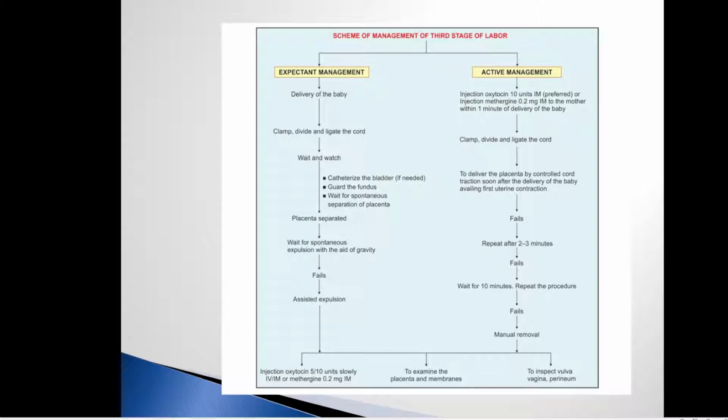After that, clamp, divide and ligate the cord. Deliver the placenta by controlled cord traction soon after the delivery of the baby, availing the first uterine contraction. But I must say that with one hand we use traction of the umbilical cord, and with the other hand we use counter-pressure on the uterus to prevent inversion of the uterus.